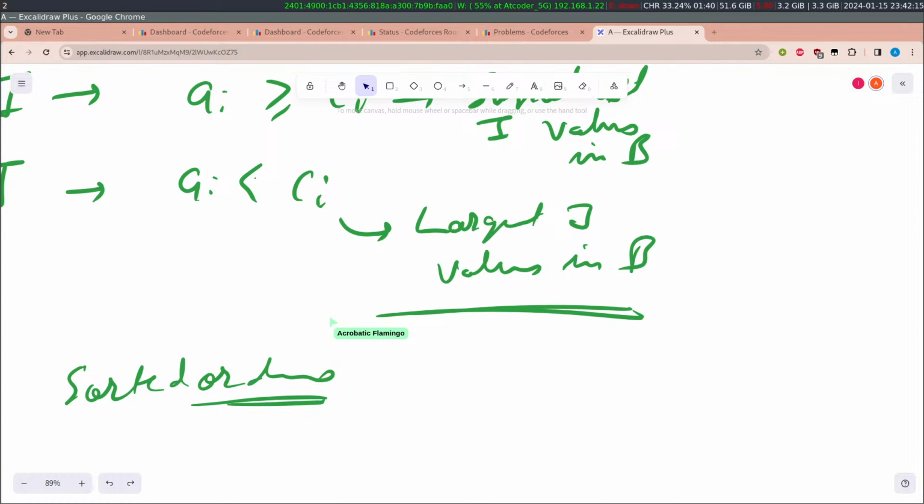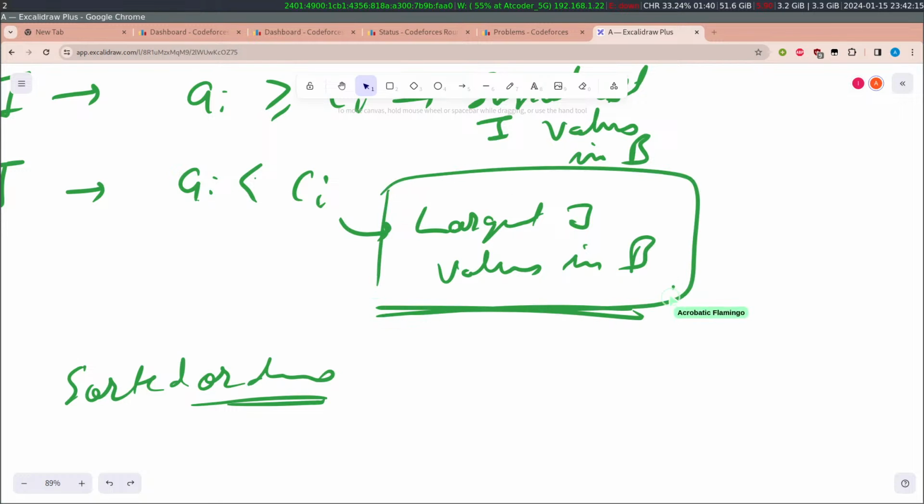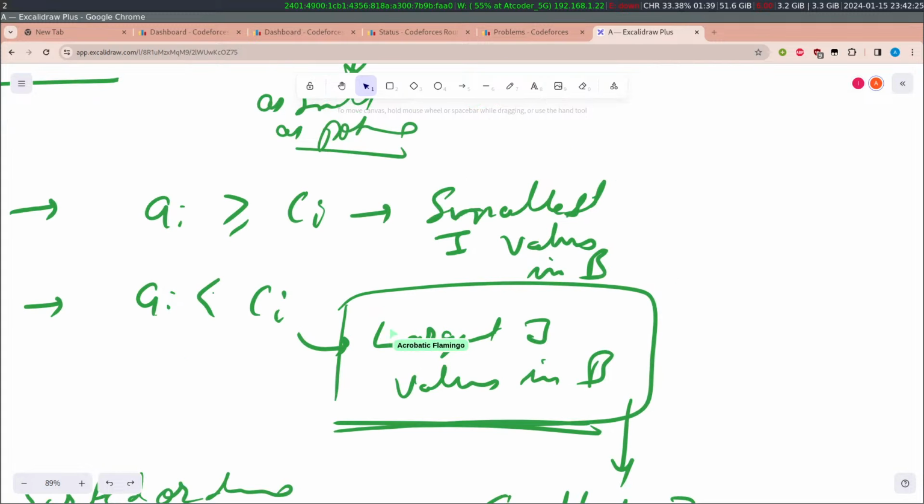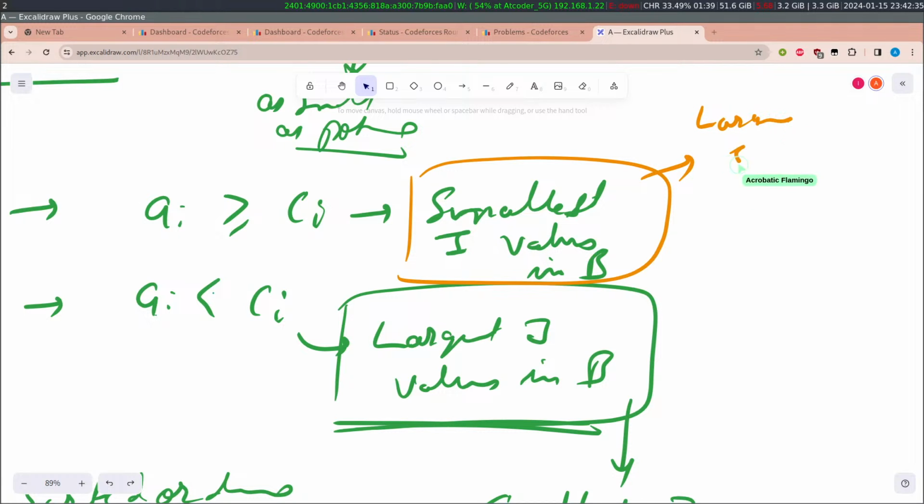And assign these largest values to the smallest j values in A, and these smallest I values in B with the largest I values in A. We know that the sum of I plus j is n.